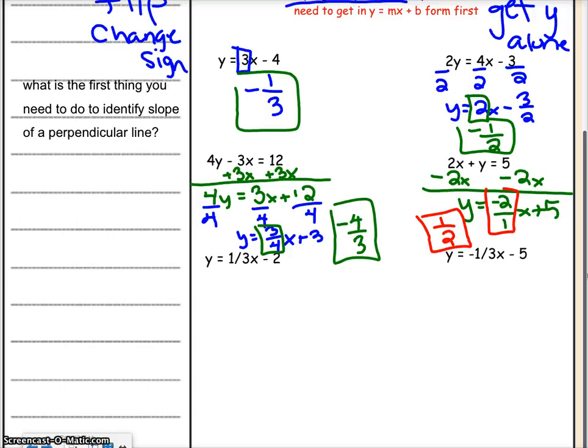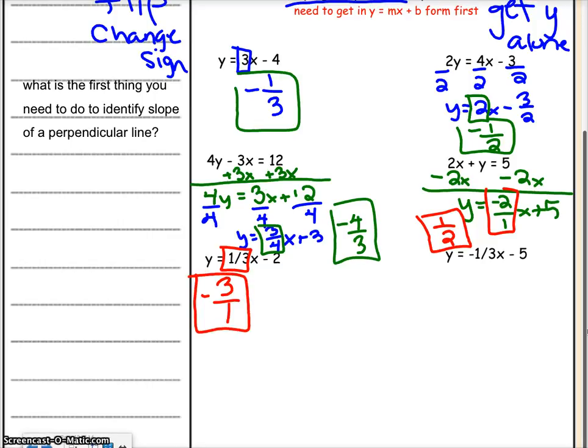Okay. The last two are nice. Why do I like the last two? Because y is already alone. Yay, we love when y is already alone. So, box off the slope. Perpendicular is flip, change sign. So 3 over 1, make it negative.